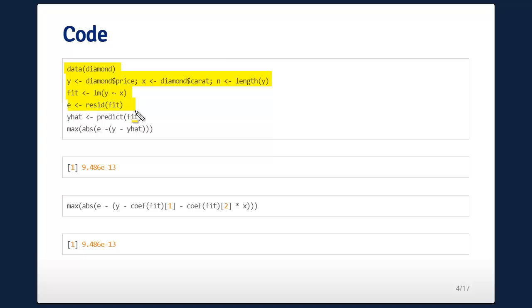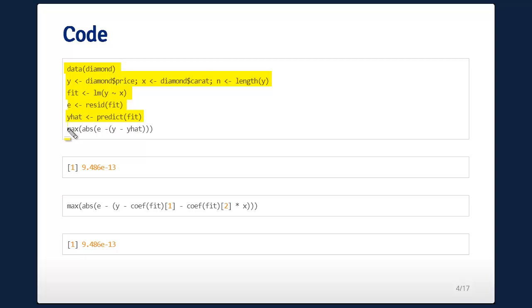You can grab your residuals by just doing resid of the variable that you assigned the output of lm to. And you can get your predicted responses at your fitted x's by using the predict function.